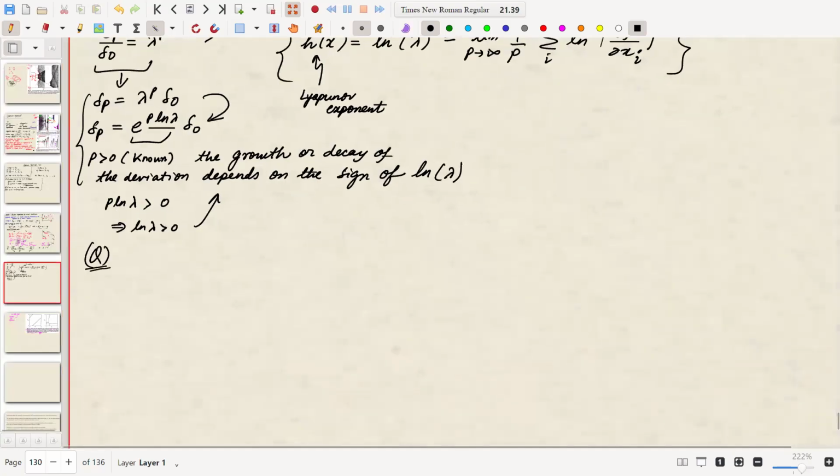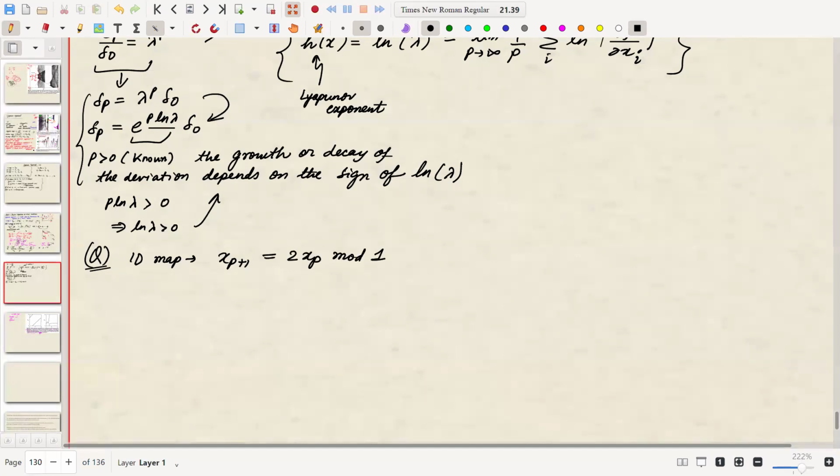Now let us calculate. This is an important question. Take a 1D map, for example, given by x_{p+1} equals 2x_p mod 1. Here x belongs to 0 and 1, obviously, because mod 1 is used.